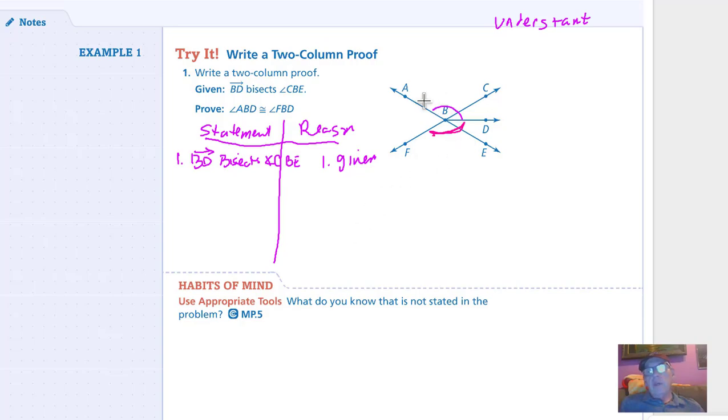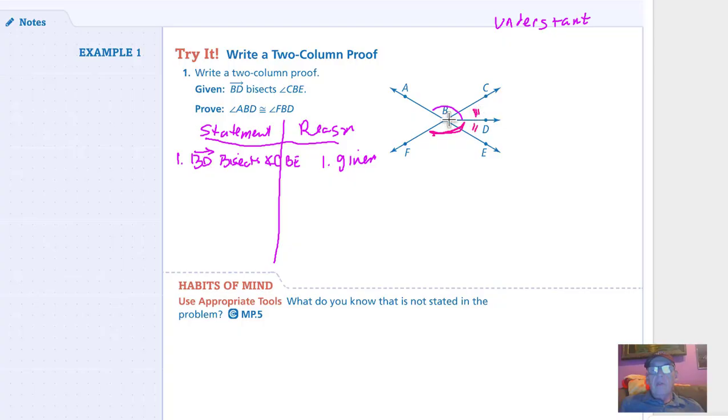In looking at this, we can see that ABC and FBE are going to be congruent because those are vertical angles. And if this ray is a bisector, then this angle CBE is divided into two congruent angles.